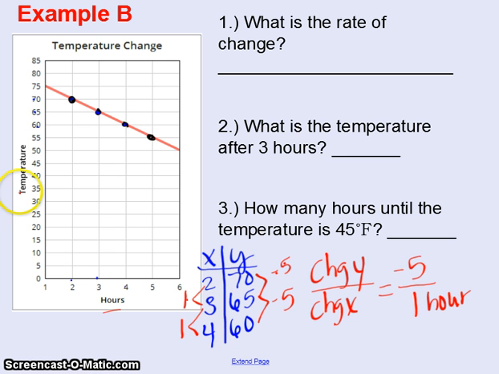And then my -5 represents the degrees. Okay, so I could write it as -5 degrees per hour. But then remember, I can also use my staircases.